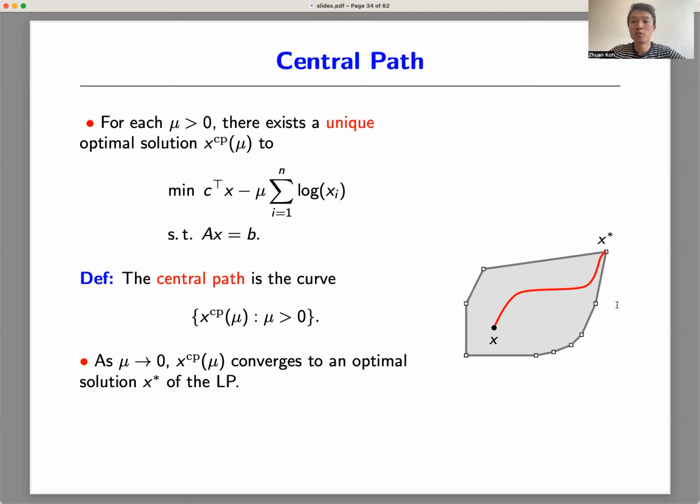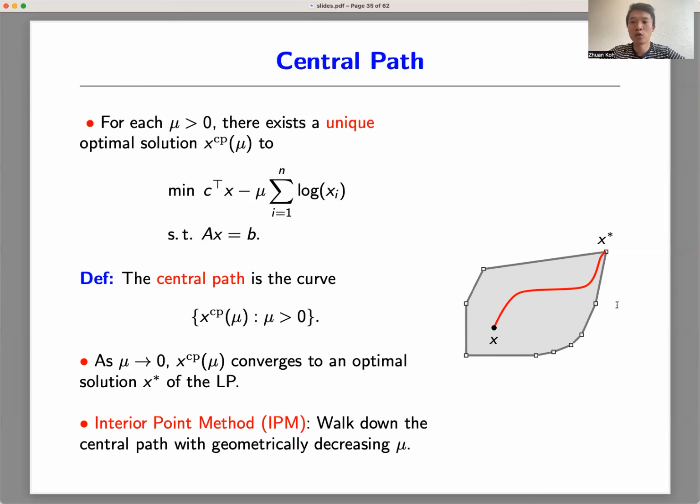And as we decrease mu to 0, the central path converges to an optimal solution x* of the LP. And what a large class of interior point methods do, in particular path-following interior point methods, is that they walk down the central path with geometrically decreasing mu towards an optimal solution.